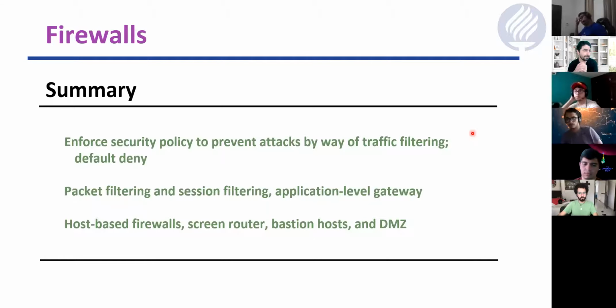We can have packet filtering, stateful filtering, application-level gateway, host-based firewalls, network firewalls, screened routers, and bastion host, which is the secure part of the network. We also talked about the demilitarized zone, which is the publicly accessible part of the network, and the more internal, secure part of the network that can be separated with an external firewall.